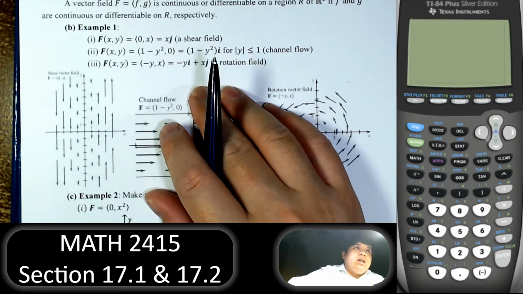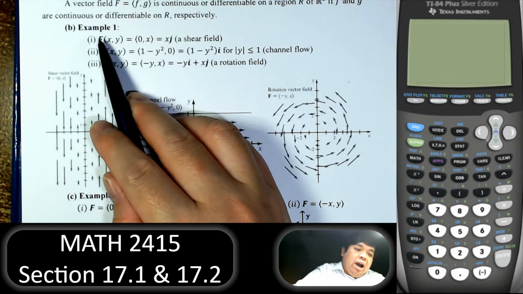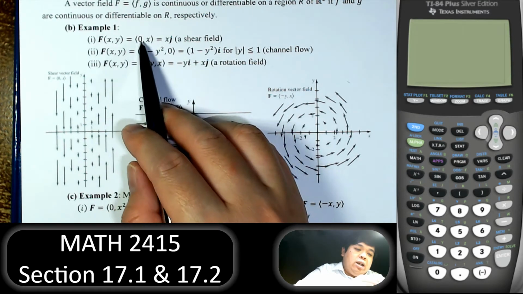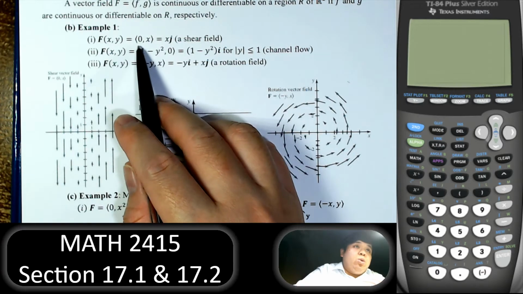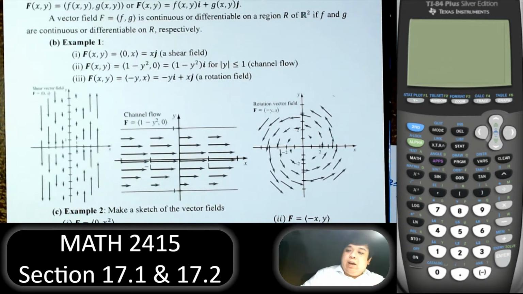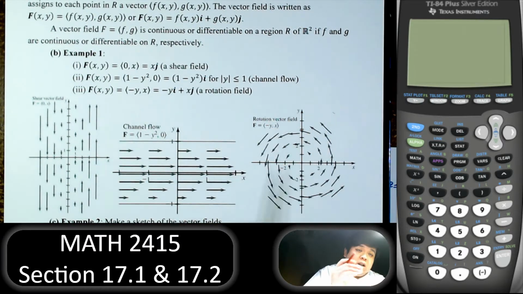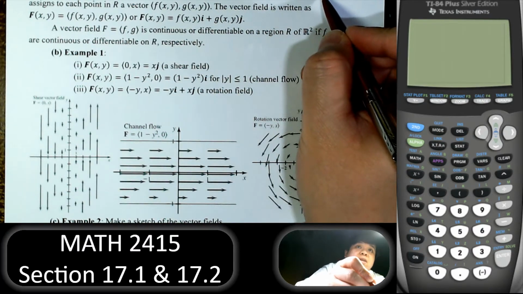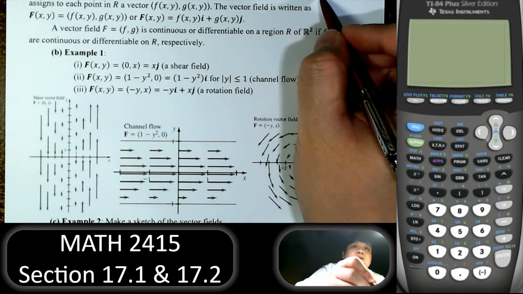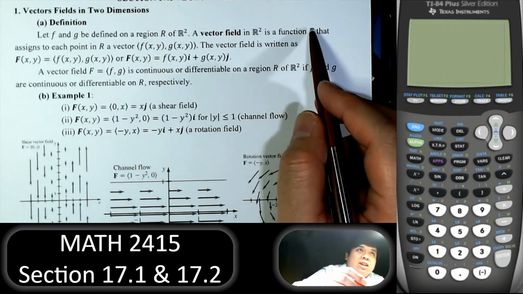So let's look at some examples. If we have the vector field F of x, y equal to 0 i plus x j, or we write x with the j component. By the way, like I mentioned earlier, the notation is extremely important. Here we have the boldface F. That is a vector, because a vector has more than one component.